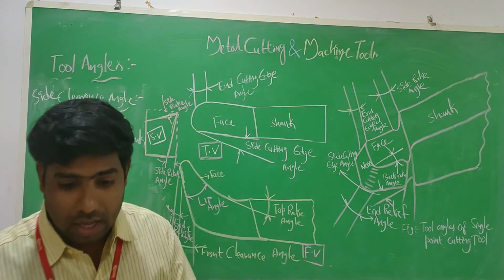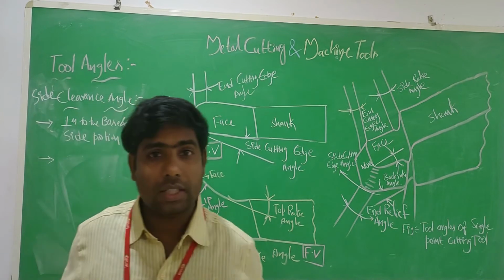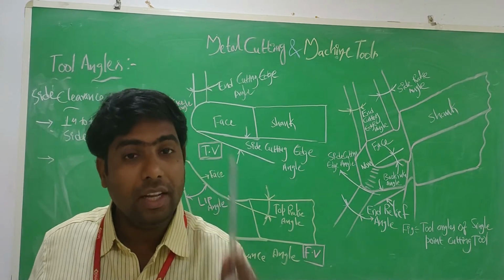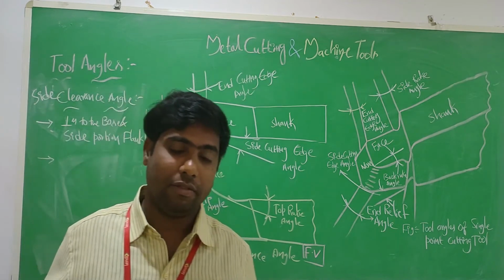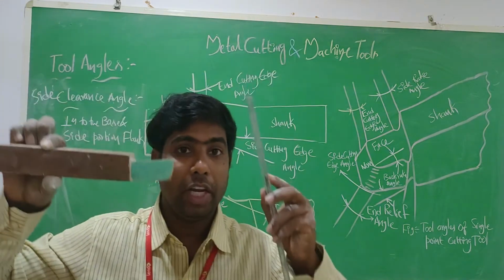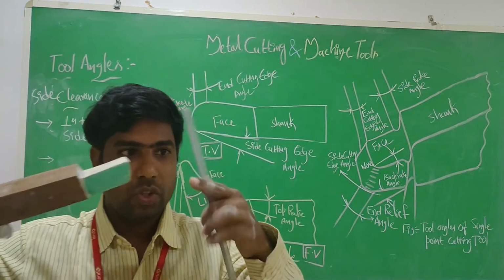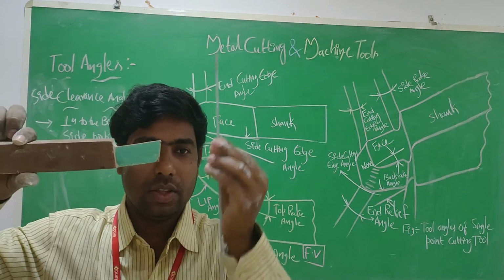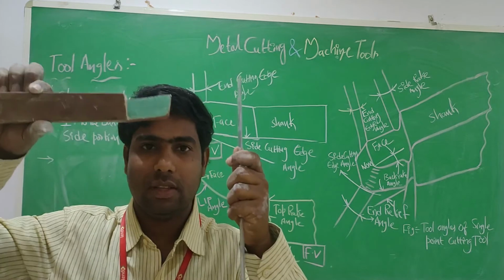So what is the function of maintaining side clearance angle as well as front clearance angle? We will see the main purpose of maintaining clearance angles. You can treat this as the work surface, the workpiece. This is a cutting tool.